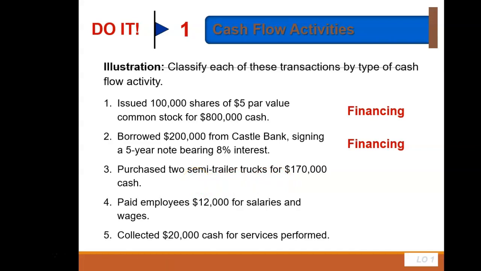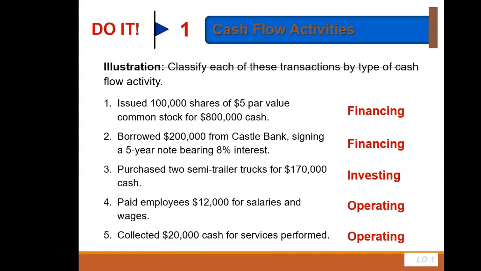Operating, investing, or financing? Investing would be correct. 4, paid employees $12,000 for salaries and wages. If you said operating, you would be correct. And the last one, collected $20,000 cash for a service performed. And again, if you said operating, you would be correct.